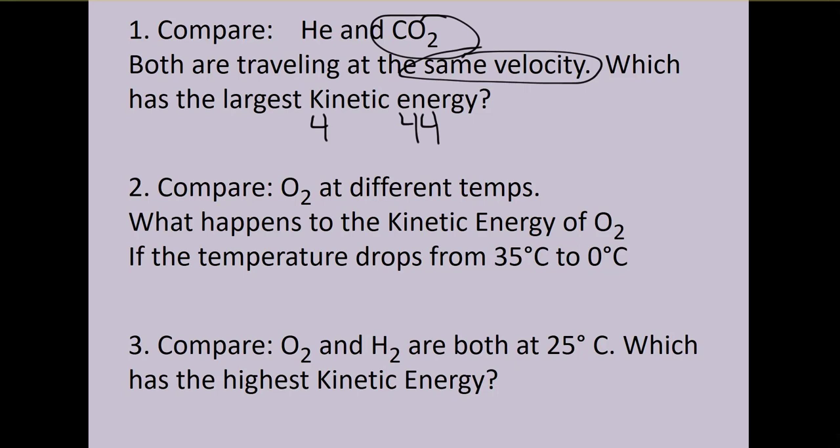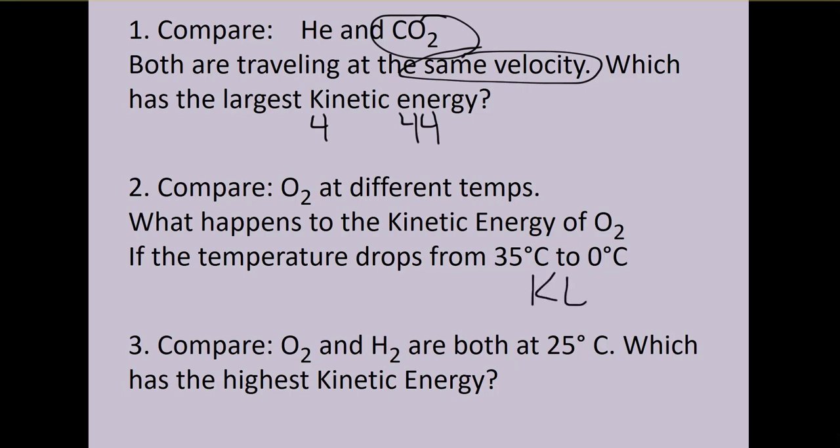Question number 2. So we have oxygen at different temperatures. What happens to the kinetic energy of the oxygen if the temperature drops from 32 degrees Celsius to 0? So we have a slowing down of our temperature. So we'll have a slowing down of our kinetic energy, and that is the answer. Okay. So as the temperature drops, the kinetic energy drops because remember, kinetic energy is measured through temperature.